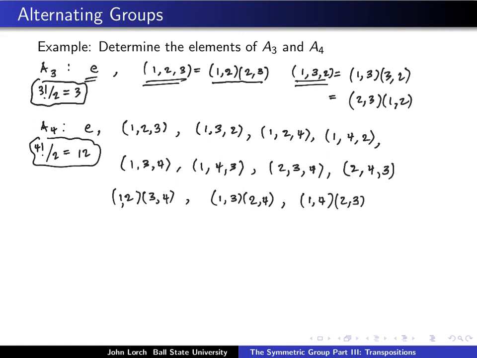And at this point, I'm having trouble coming up with any more, and so now we count and see what we've got. Well, we have 1, 2, 3, 4, 5, 6, 7, 8, 9, 10, 11, 12, and luckily we know that we're expecting 12 elements, and so we know that we're done. So this collection here is the subgroup A4.